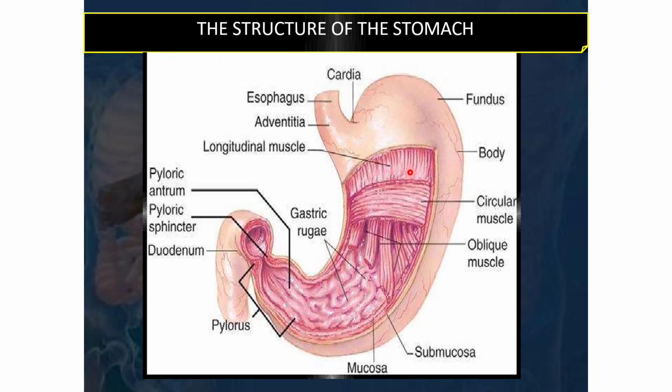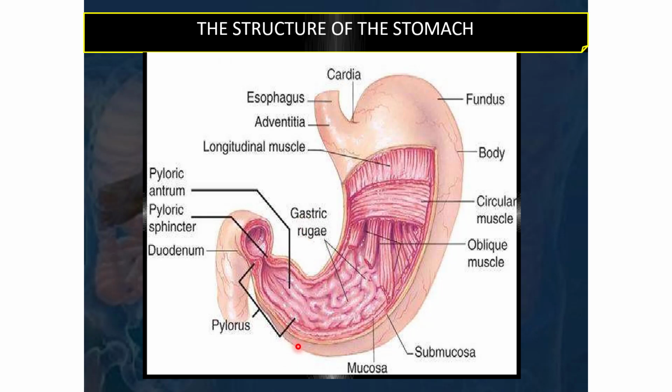The body, the cardiac end, the fundus of the stomach, and here this part is called the pylorus of the stomach. That means where the stomach joins with the duodenum at the gastroduodenal junction, there is a physiological as well as anatomical sphincter. This distal end of the stomach, which is a little bit constricted, is called the pylorus, and it has an imaginary demarcation from the body, from the lower dilatation.